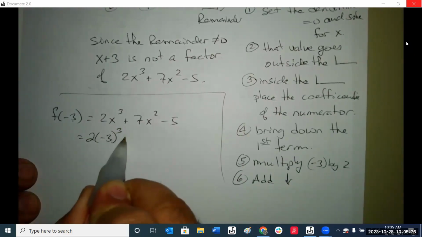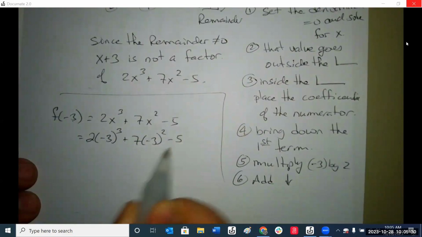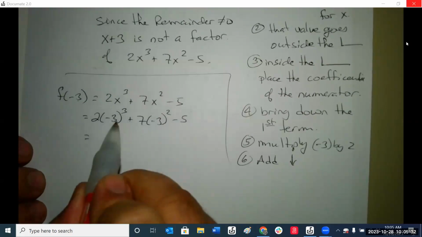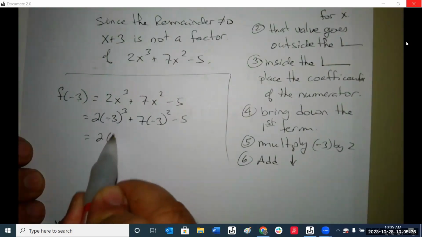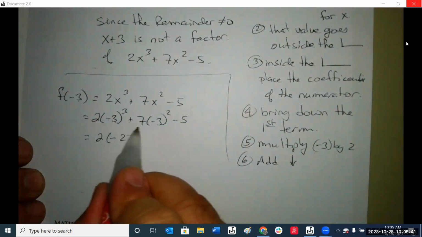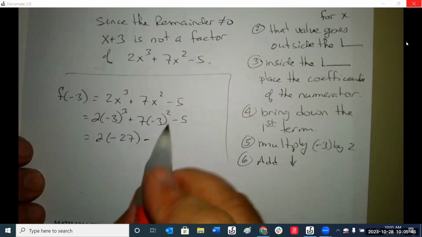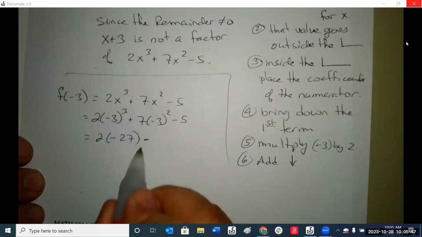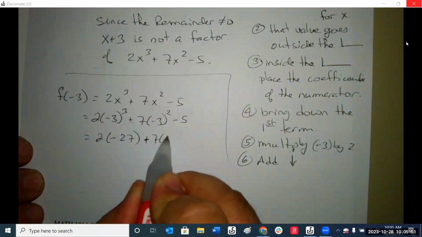Negative 3 cubed, negative 3 squared, so it'd be negative 3 times 3 times 3 is 27. Positive times negative is negative. No, it's positive times positive is positive. 9, 7 times 9.